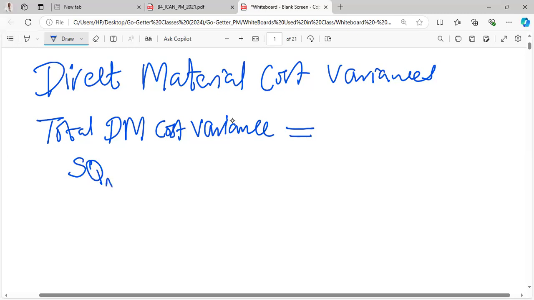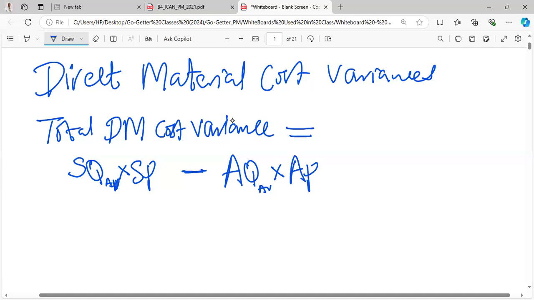So I can say actual production or actual volume, standard quantity, standard price, minus actual quantity. Of course, it is actual volume. I will not be putting this actual volume again because we know it's actual volume times actual price.